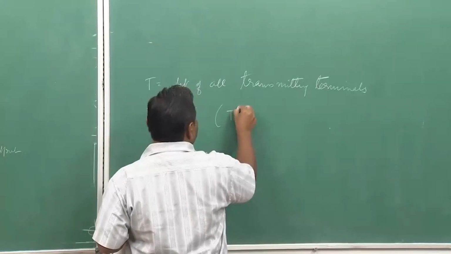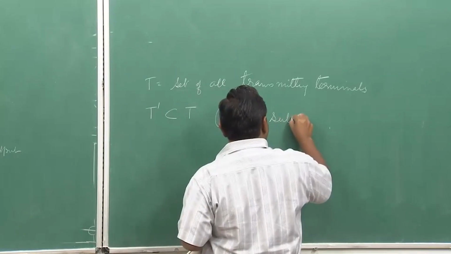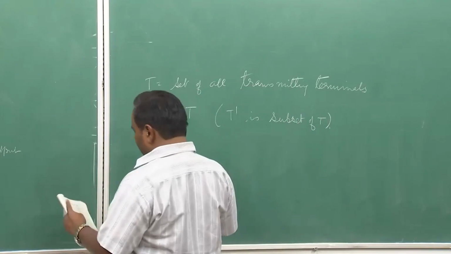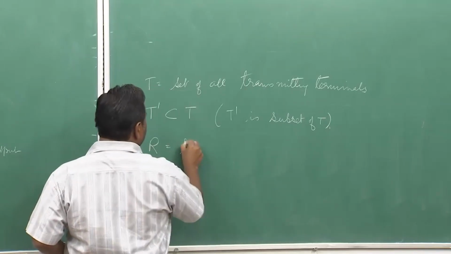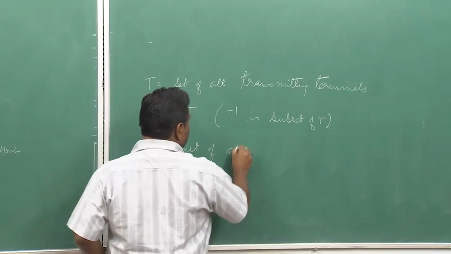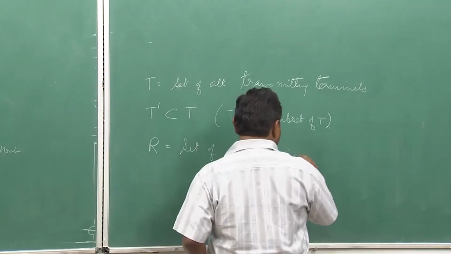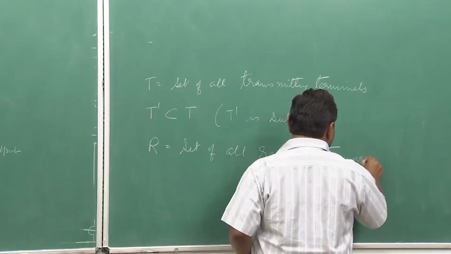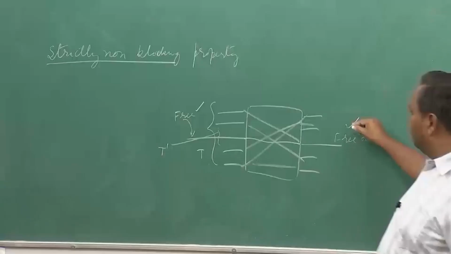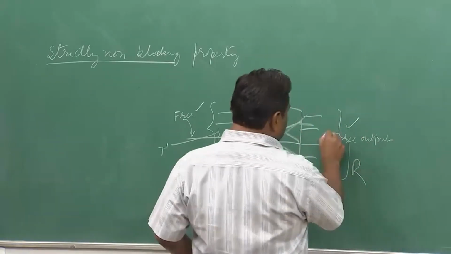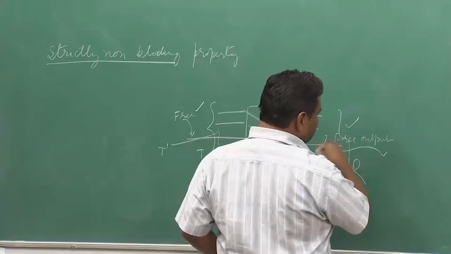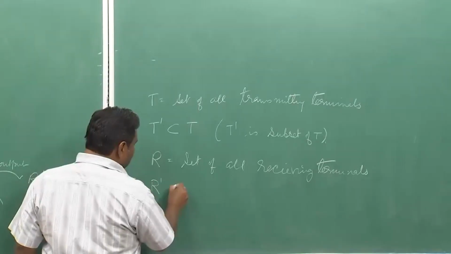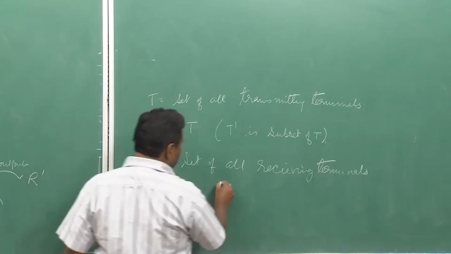So, T prime is a subset of T. Then you have R, receiving terminals or ports. This corresponds to the output side, and whatever is not being used, any subset of this will be R prime. So, R prime is a subset of R.